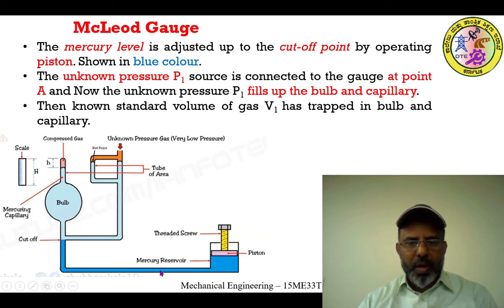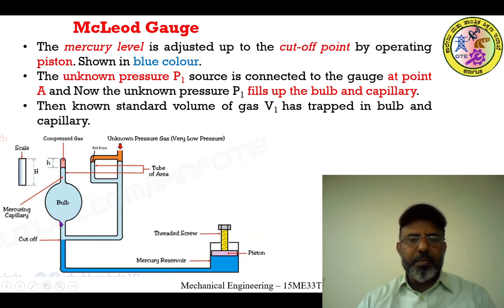Initially, using this threaded screw or the piston mechanism, we adjust the mercury level up to this cutoff point. Then secondly, the unknown pressure source whose pressure P1 is to be calculated is connected at this point.